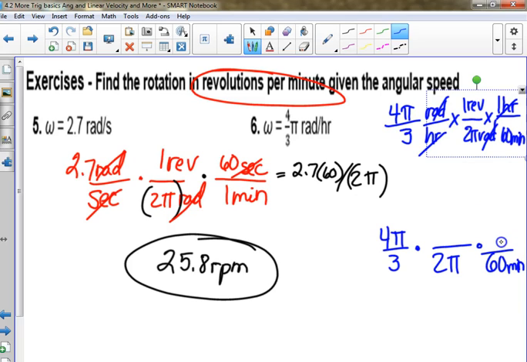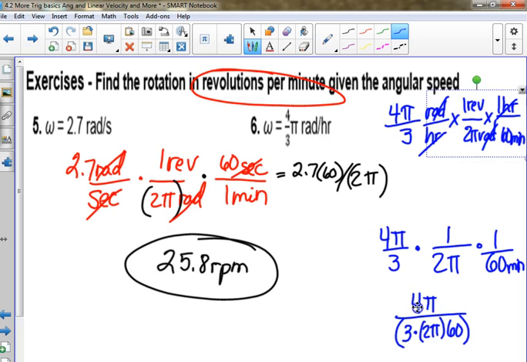The hours canceled out. So what am I typing? Well, the only thing in the numerator is what? 4 pi. What's down in the denominator? 3 times 2 times pi times 60. And that is all in the denominator.